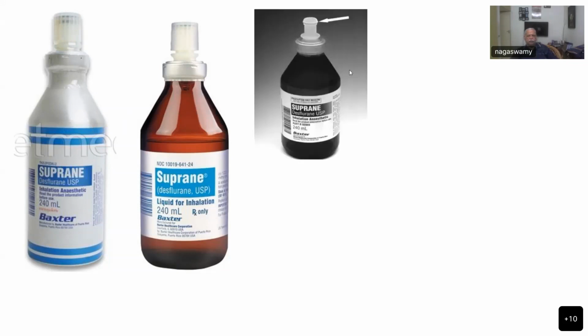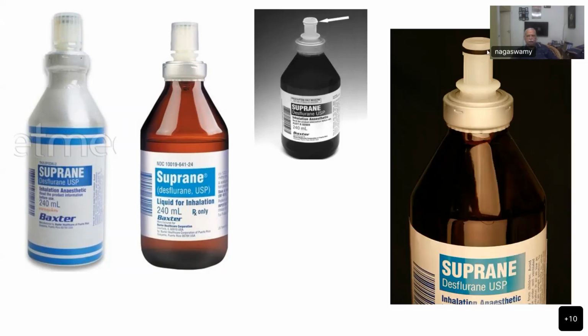And this is the filling port specifically attached to that. Anybody know the name of that black thing that you see at the top? It's a closer picture of the arrow mark shown here. This is called the O-ring. Desflurane bottle with an O-ring.